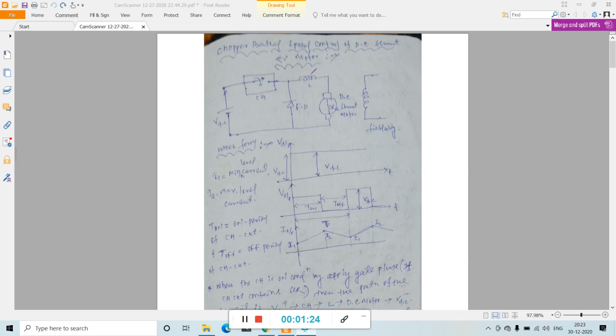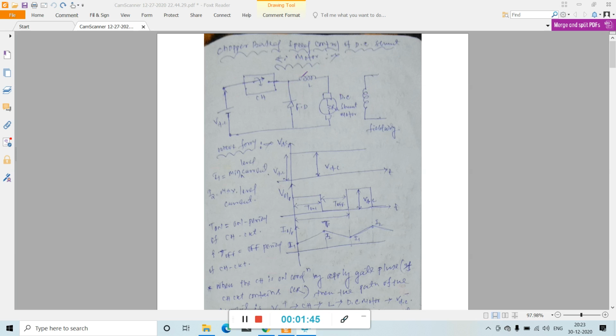In this circuit there is one inductor. Why is this inductor connected here? Because this inductor allows pure DC to this motor. Whatever DC we get as the output of this chopper circuit is a variable DC and it has some pulsating portions.